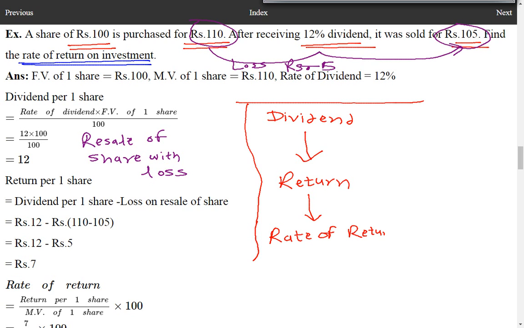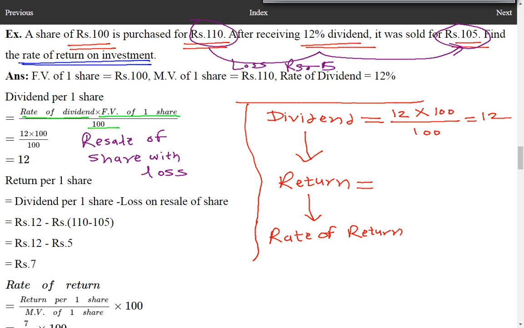To find dividend, we have the formula: dividend per one share is equal to rate of dividend into face value of one share upon 100. Rate of dividend is given as 12%, face value of one share is 100 upon 100. So dividend equals 12.